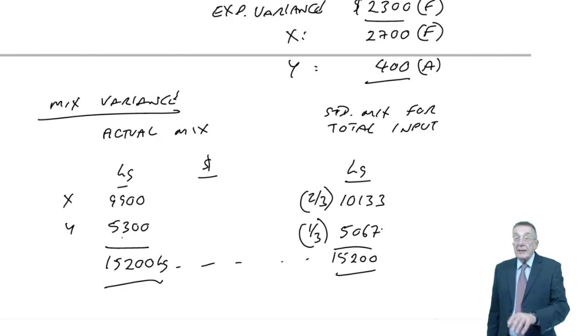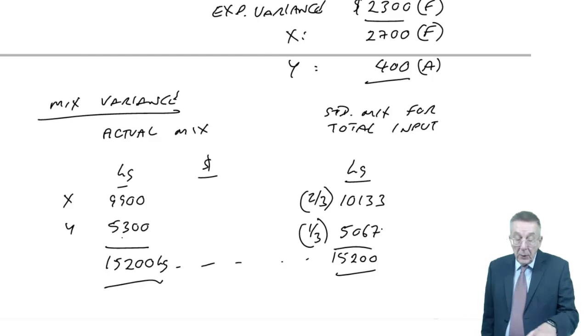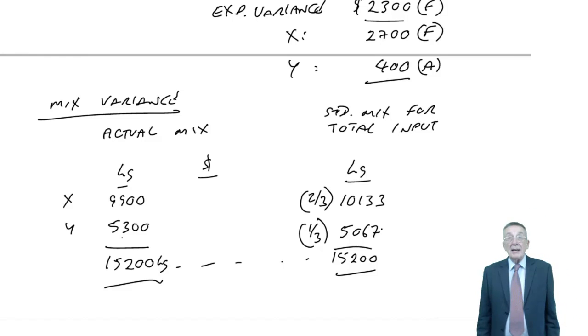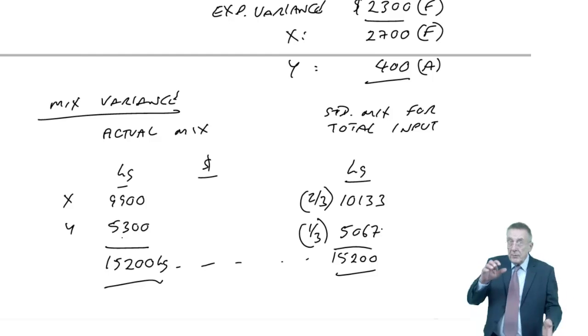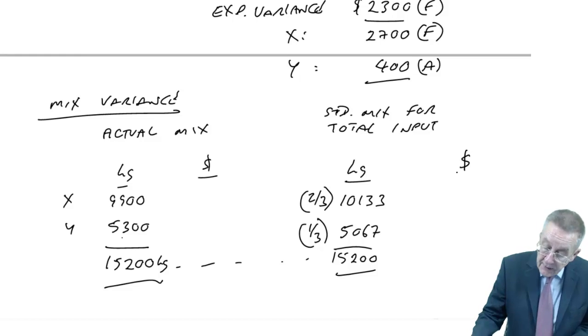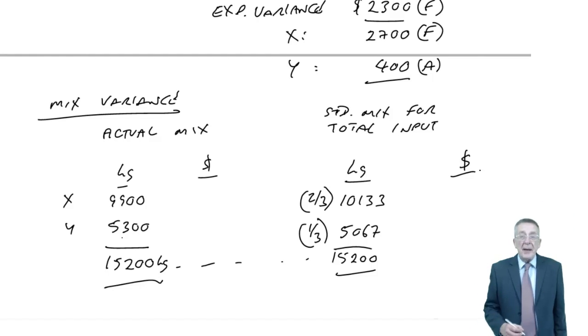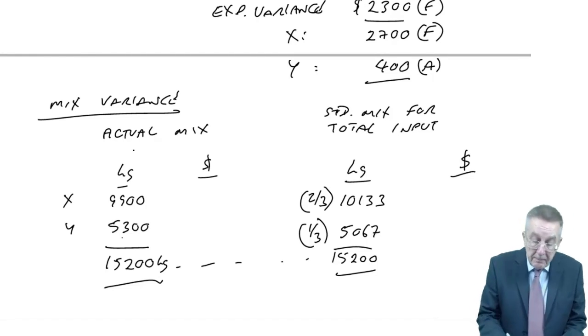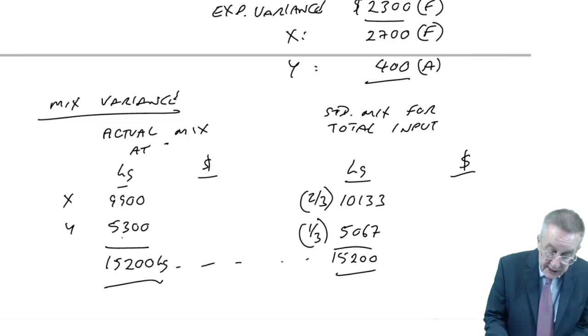It should have been 10,000, 5,000. What's happened is we bought less X's, but we bought more Y's, just like I was saying with the juices. We need to cost it. Well, remember, we've already dealt with the expenditure variance, so in both cases we'll cost at standard cost.